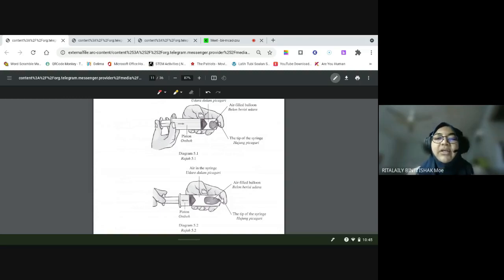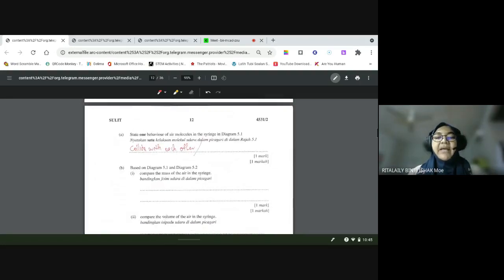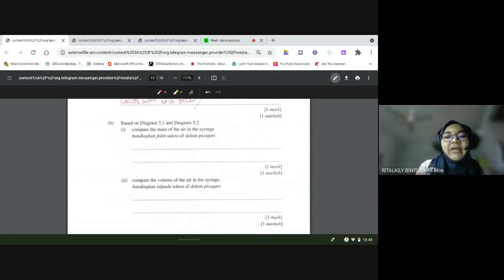Okay, sebab tadi kita dah underline airtight. Maksudnya, awak tarik ke, awak push ke, awak pull ke, no air is coming in. So, bila no air is coming in, number of matter inside does not change. So, kita pull ke, kita push ke, number of air molecule does not change. So, therefore, the mass is the same. 5.1 equals to 5.2. So, volume.